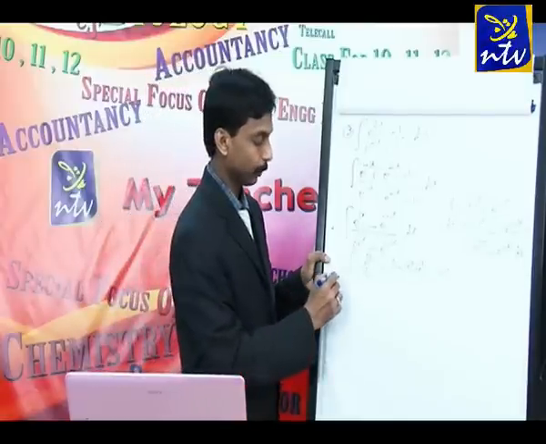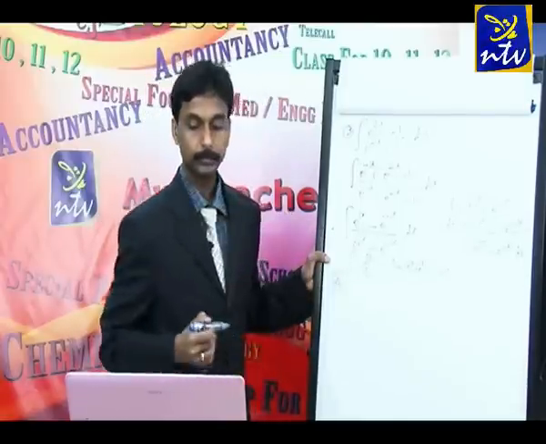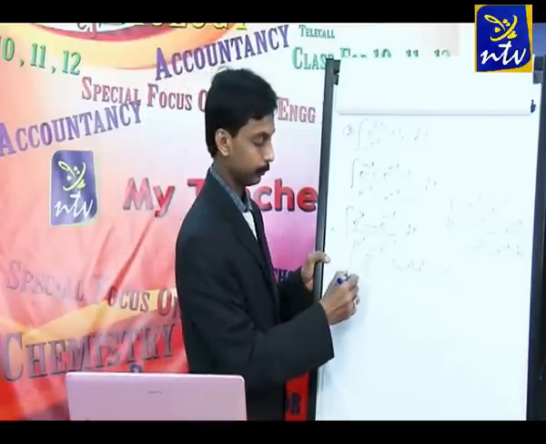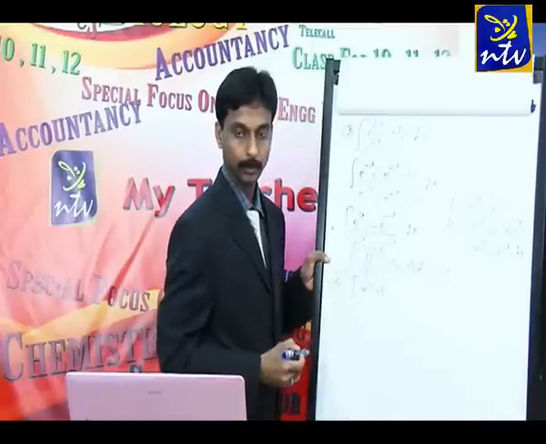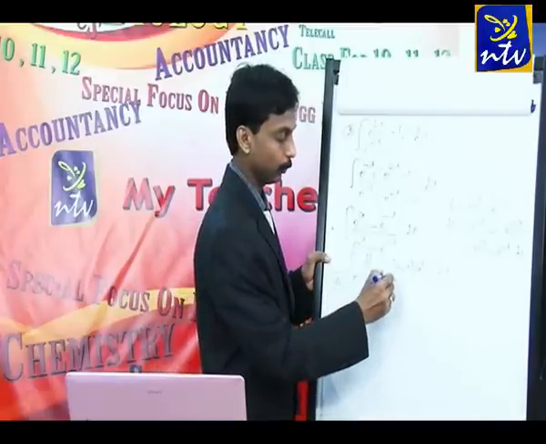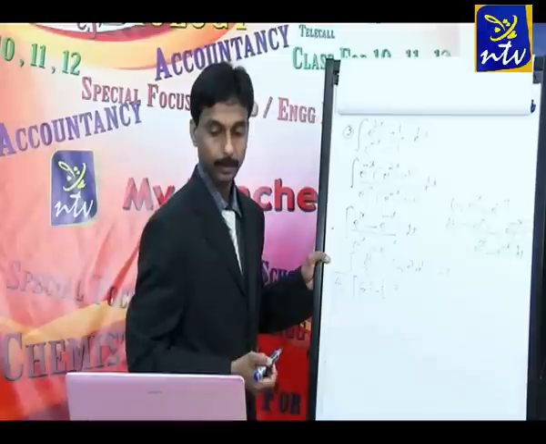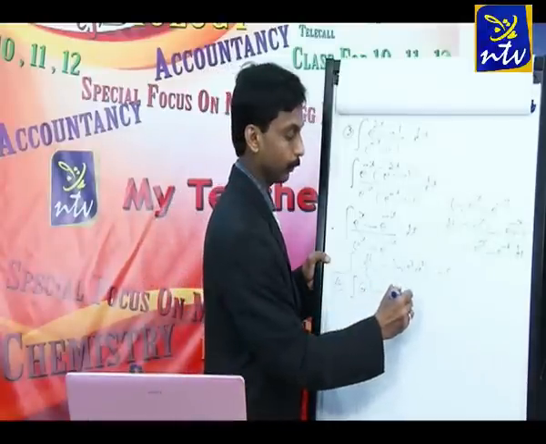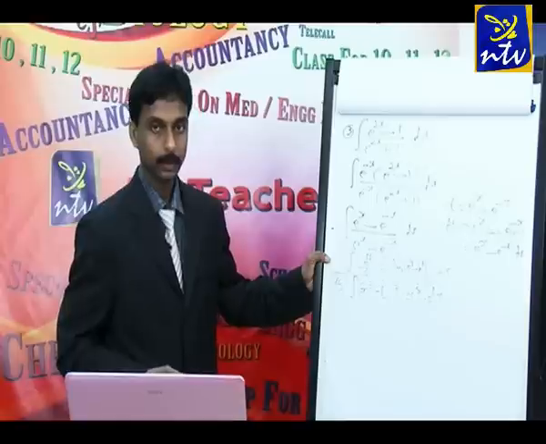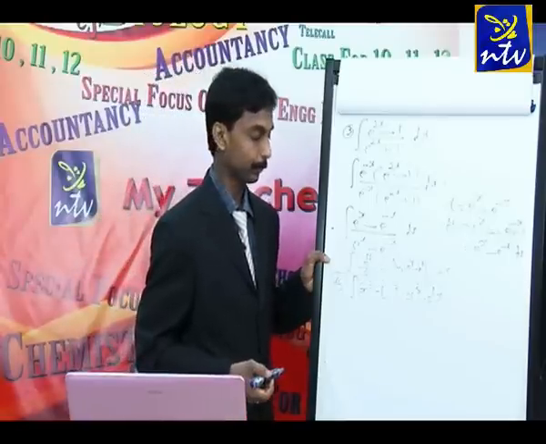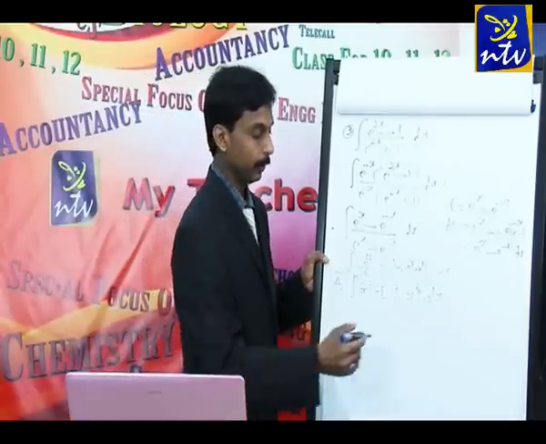Now the next question from this section: the integral of (x cube minus 1) whole raised to 1 by 3 into x raised to 5 dx. So for the next question, here also we will use the substitution rule.